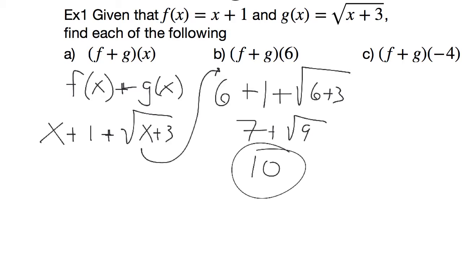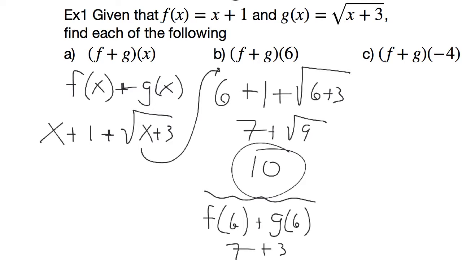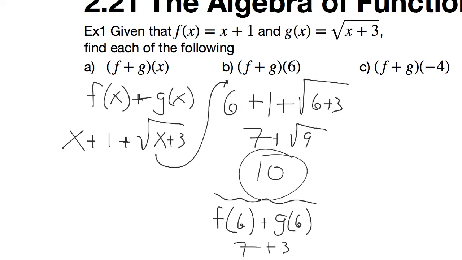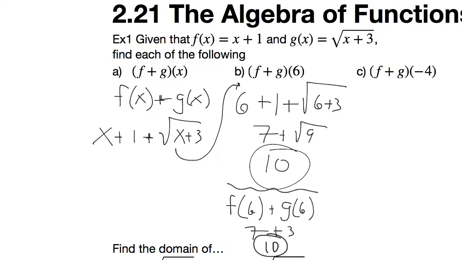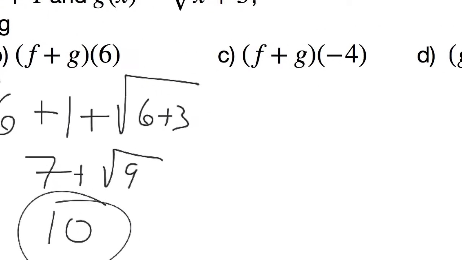Or you could find f of 6 plus g of 6, finding the values individually and then adding them up, 7 plus 3, to get 10. Two ways both yield the same result. Let's do it the second way here.